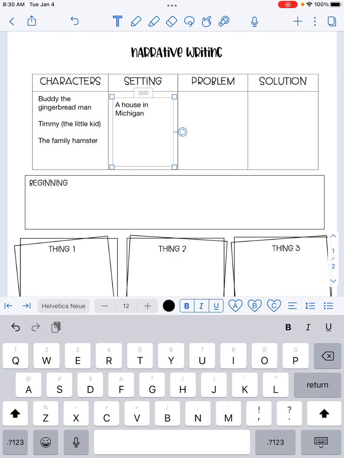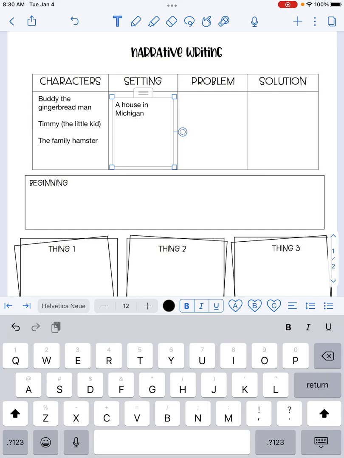Maybe in event two, he jumps on the hamster, and the hamster sneaks him through the living room and the dining room and finally out onto the porch. And once he's out on the porch, I need to think about what I want to happen to him. I know he's not going to be able to last for very long if he's just out on his own.